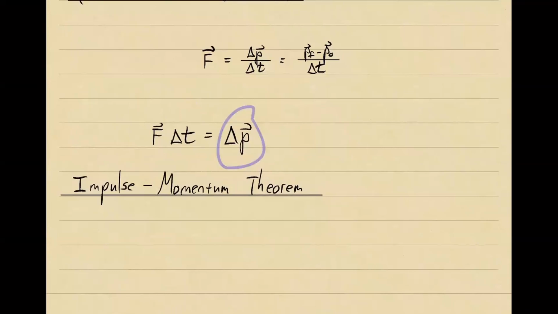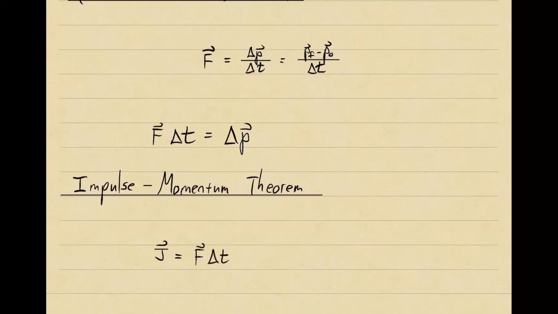And this thing on the right is our change in linear momentum. So the impulse momentum theorem literally says that our impulse J, which is equal to the average force multiplied by the elapsed time that force is acting on our object, is equal to the change in linear momentum of our object, so final momentum minus our initial momentum.